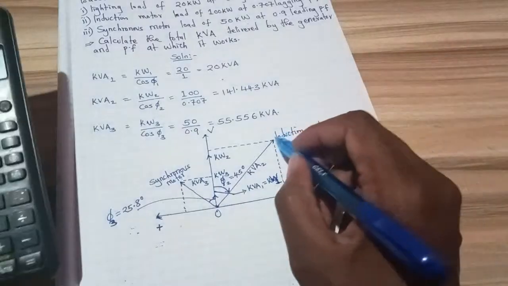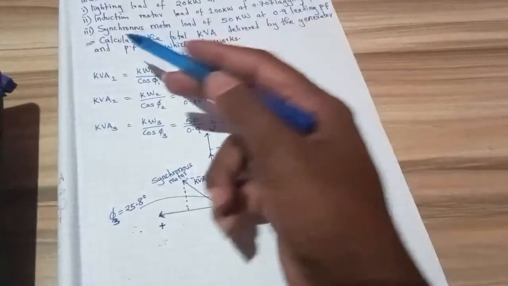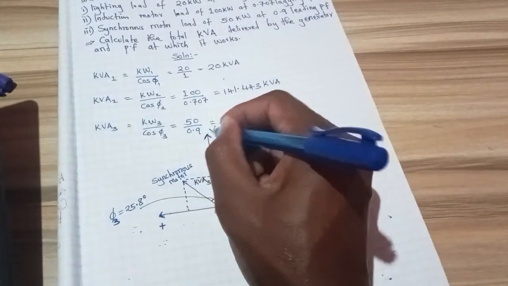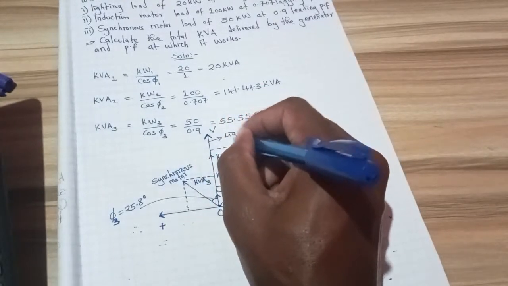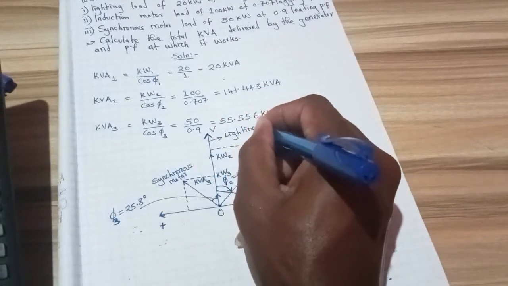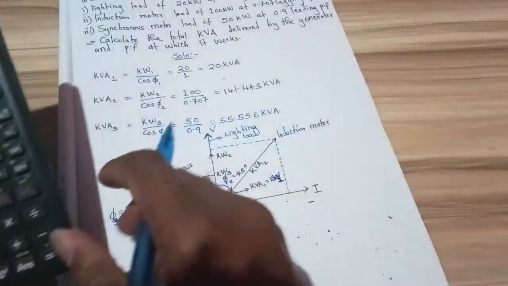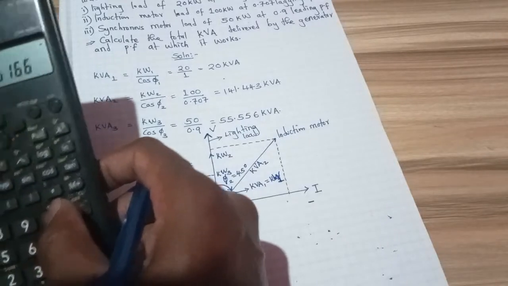That's why I indicated this one as our induction motor load. Then we have our lighting load at a unit power factor. So in most cases, the vertical line here represents our lighting load.